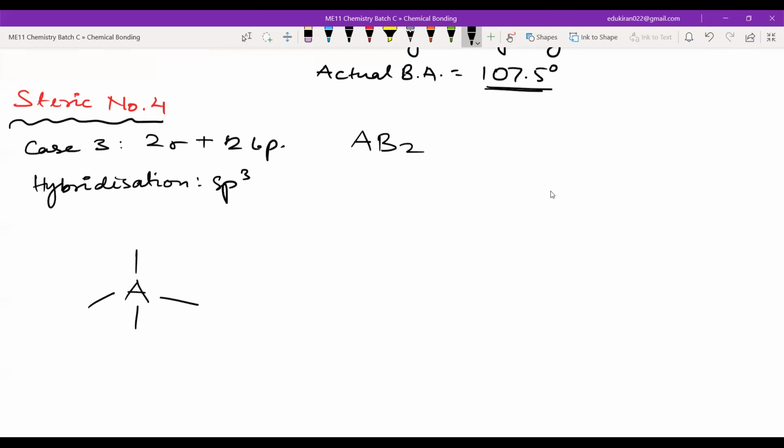Now what I can do, I will add the B atoms. If I add the B atoms, you will get this. Let me not change the shape very much.